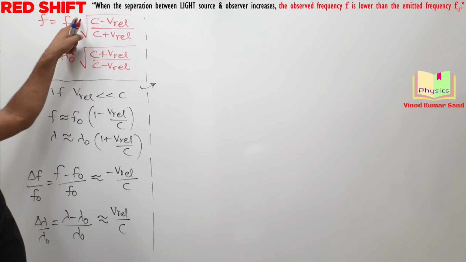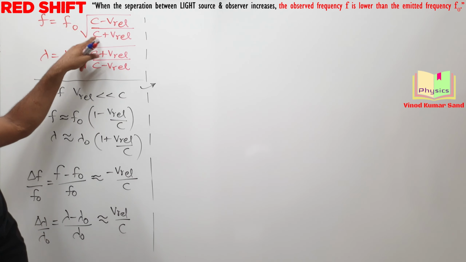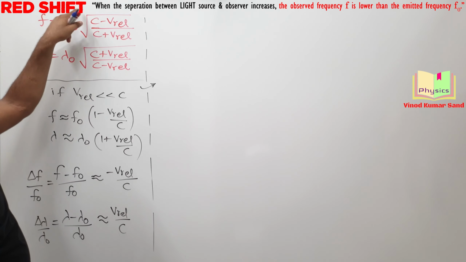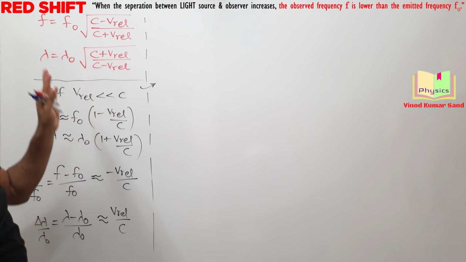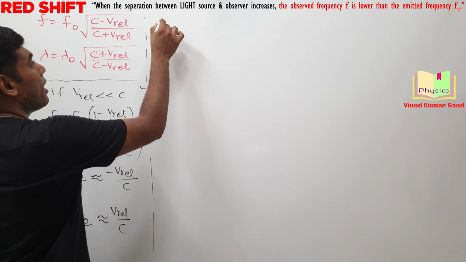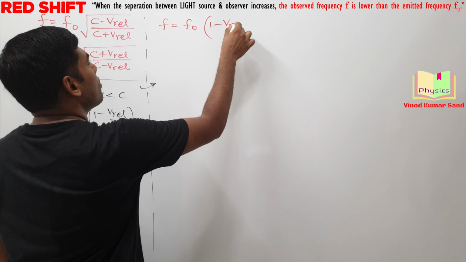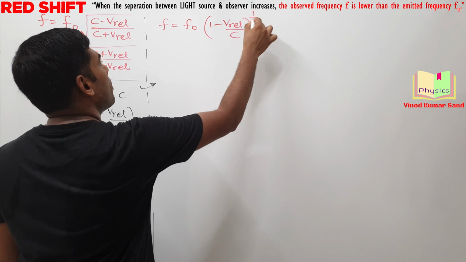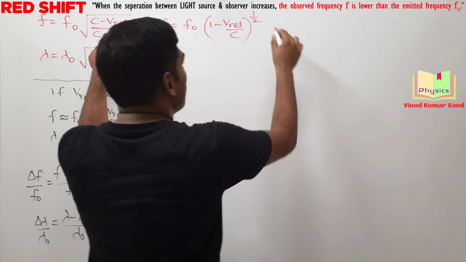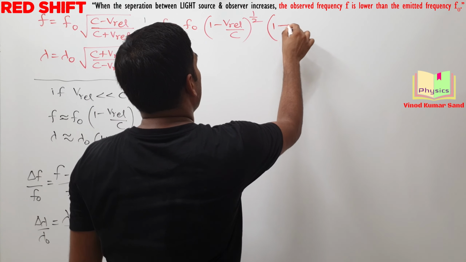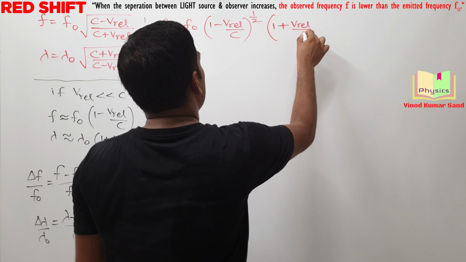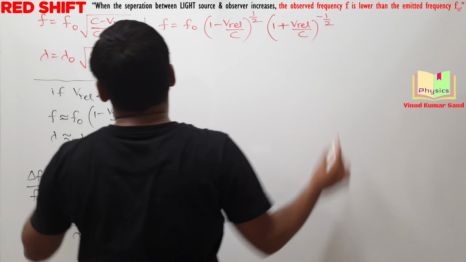I am taking c outside in the numerator and c outside in the denominator. When you take c common, they get cancelled out. So f will be written as f naught times 1 minus v relative by c to the power 1 by 2, and 1 plus v relative by c to the power minus 1 by 2.